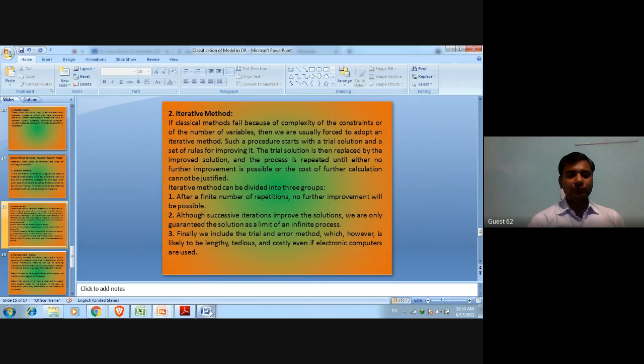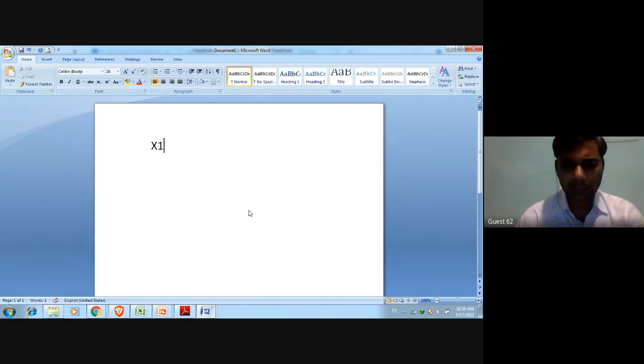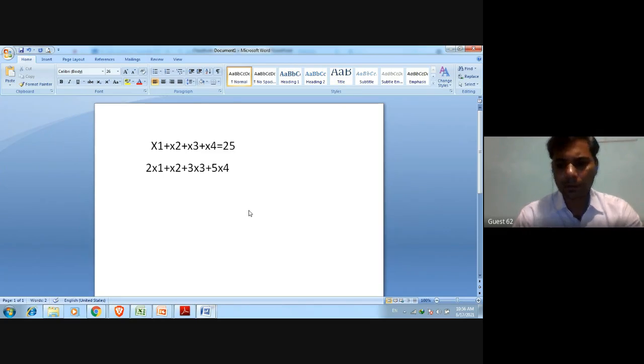For example, suppose you have to solve x1 plus x2 plus x3 plus x4 equal to 25, and 2x1 plus x2 plus 3x3 plus 5x4 equal to some value. Suppose you have these two equations and you have to solve them. With the classical or traditional method, it will become very complicated.